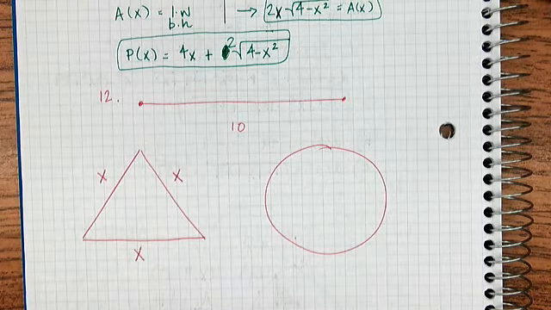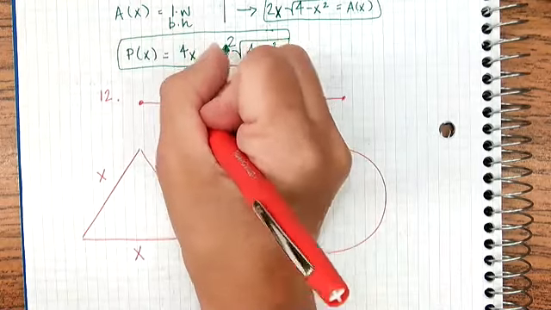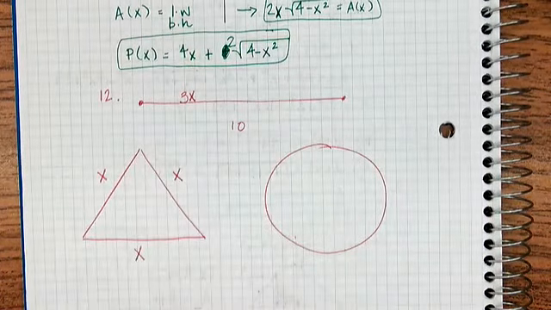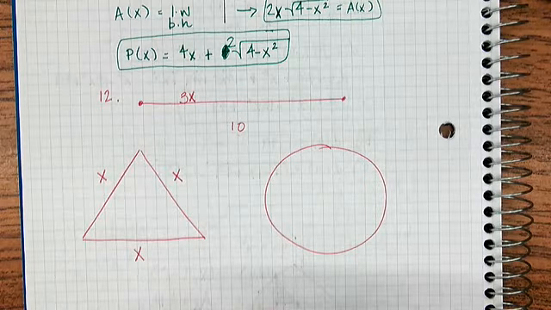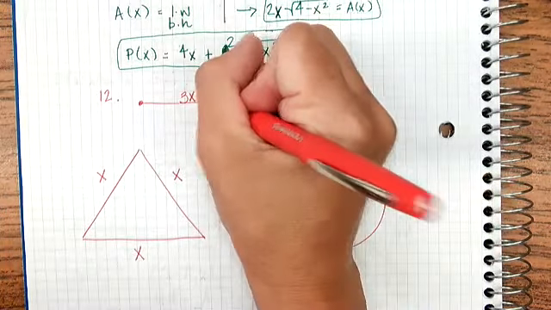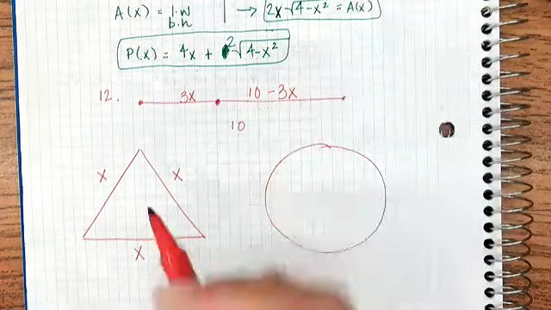So to make the equilateral triangle, I've used up 3x. What's left, therefore, is 10 minus 3x for the circle.